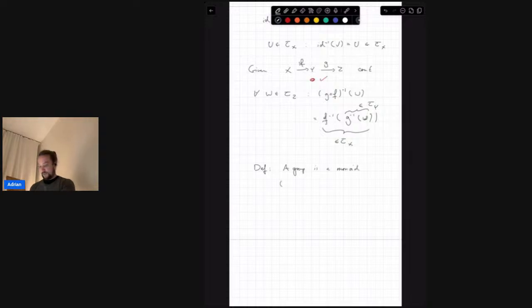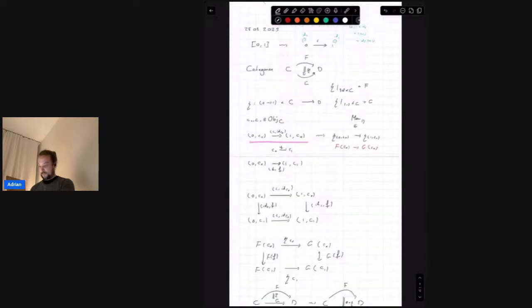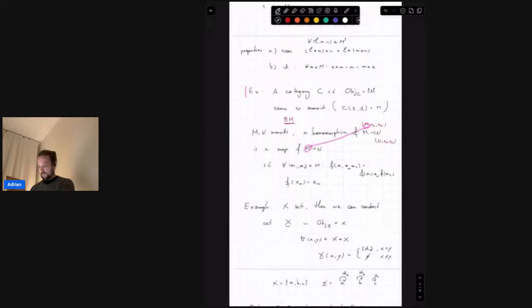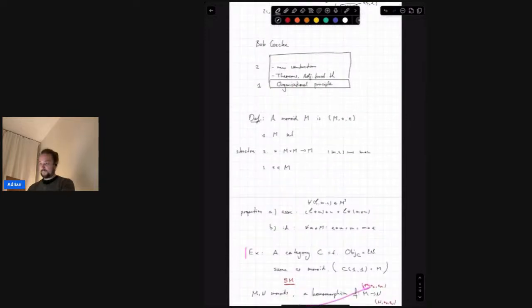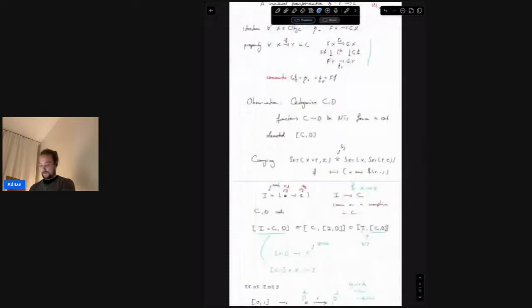All right, so a monoid is a triple consisting of some set of elements together with some composition and some identity element satisfying all of these axioms here. And a group is required to, actually, I can just copy this quickly so that you can see it.